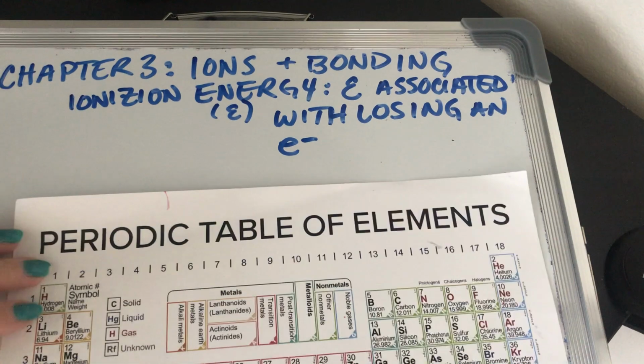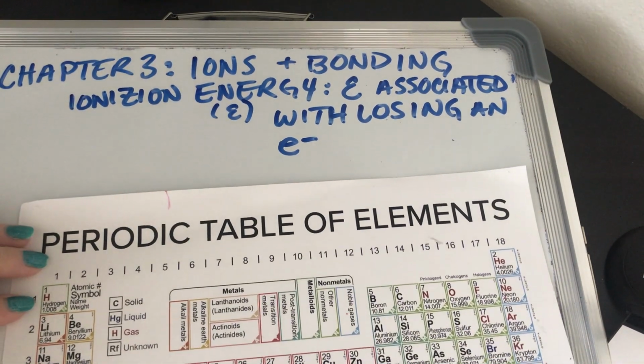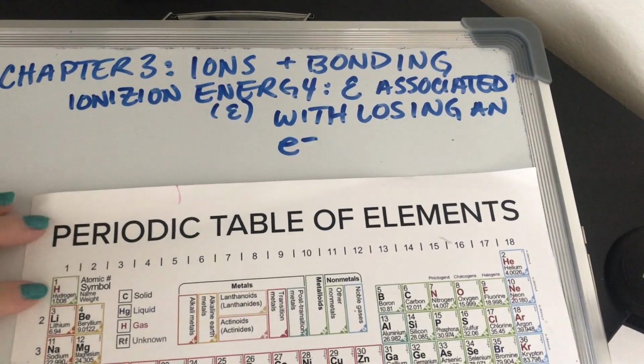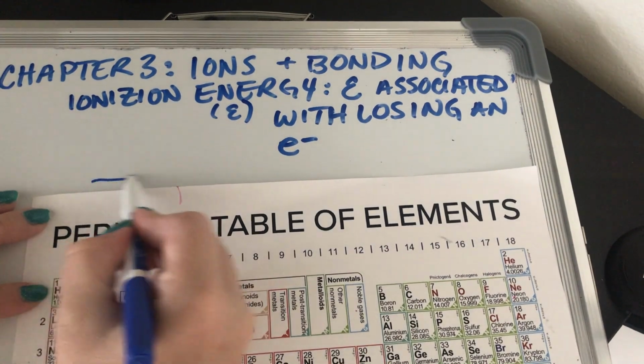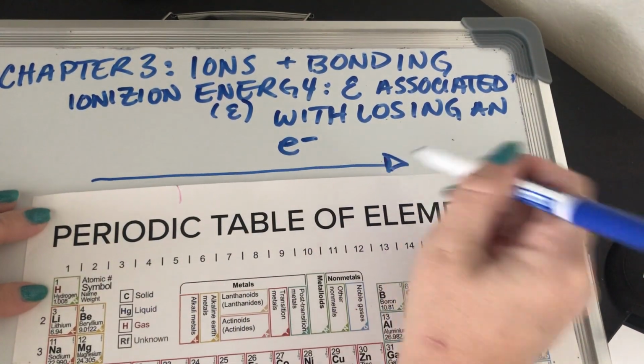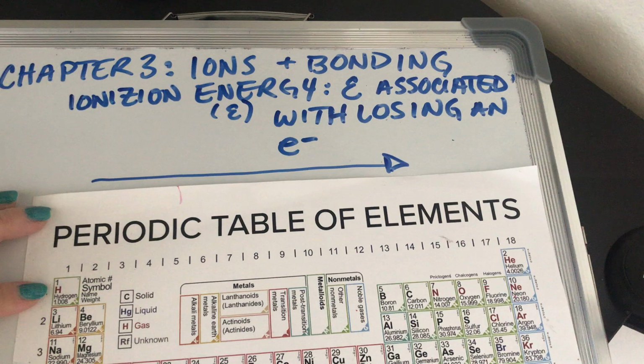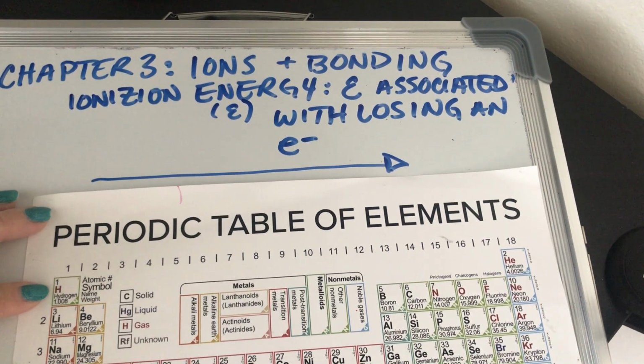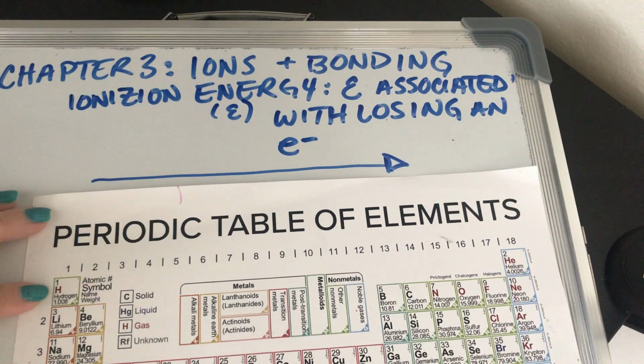So when we talk about the ability to lose electrons, what do you think happens as we go across the periodic table? Would it become easier or harder to lose an electron? It should become harder. There are more valence electrons, right?